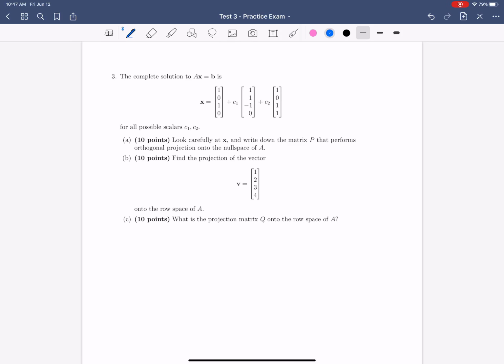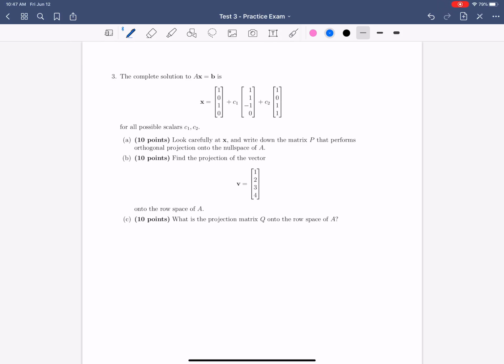So this is the general complete solution, and C1 and C2 are all possible scalars. We were asked to describe the matrix A, to say what is the rank, what is the size, like what is M, what is N.